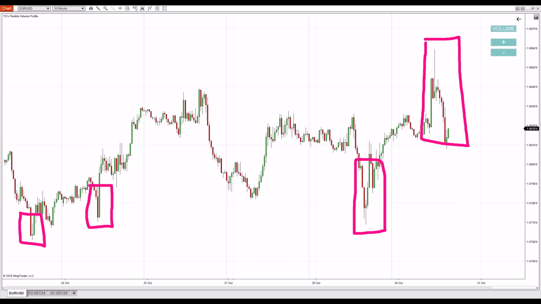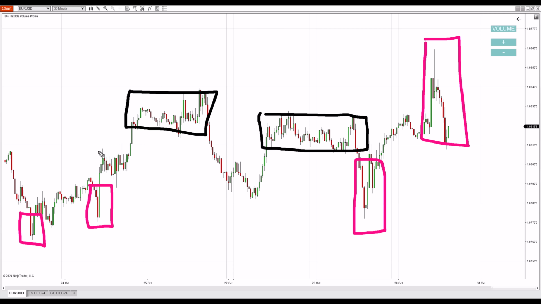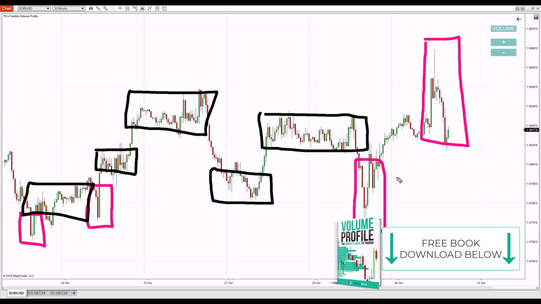Now let me highlight the rotations. Rotation is in here, then there's a rotation in here, also a little rotation within this trend, and rotation in here. Also I missed this one, and that should be about it.